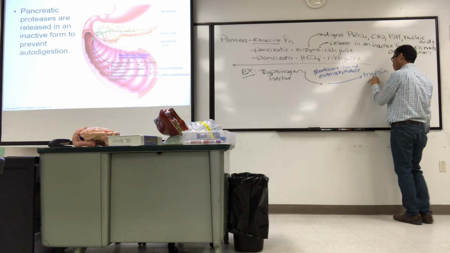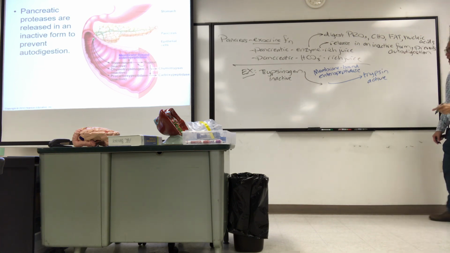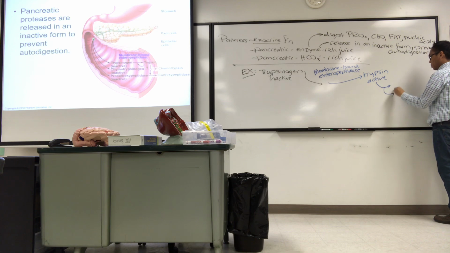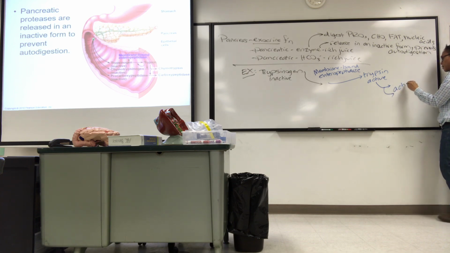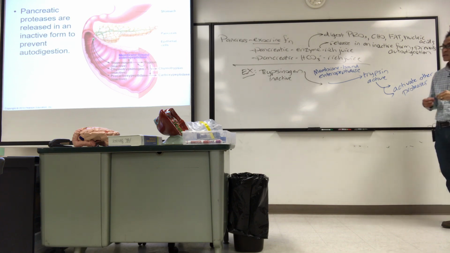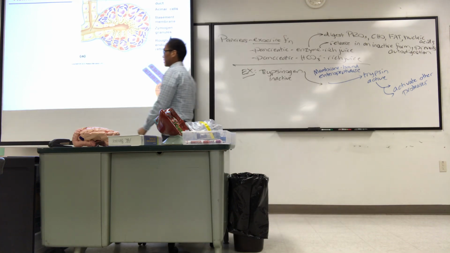Trypsin is the active form. It's the protease. And this particular trypsin will activate other proteases. Kind of a chain reaction there. Again, so that you don't autodigest, you just activate it inside the lumen. It's very ingenious. That's how it works for all of these pancreatic enzymes.